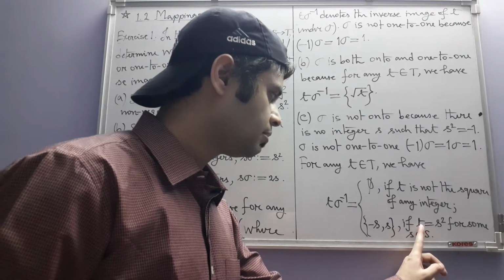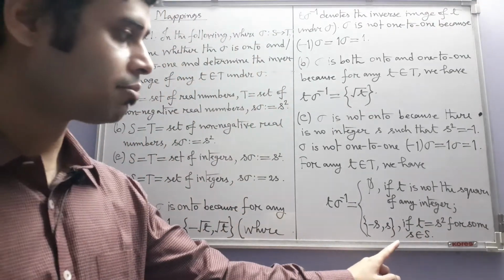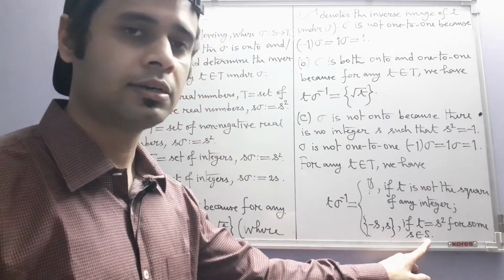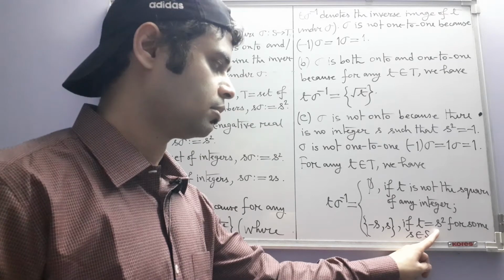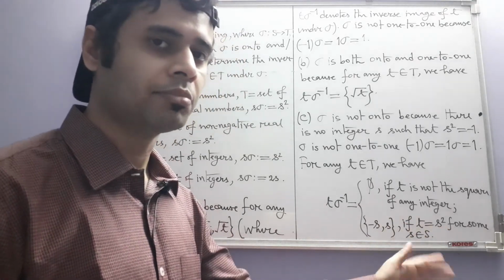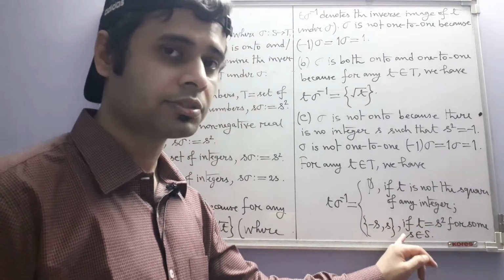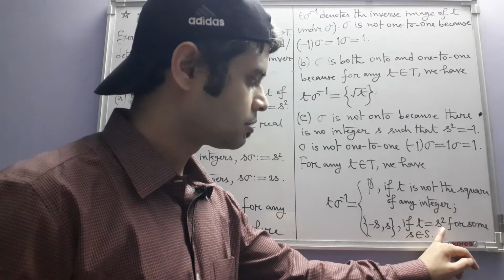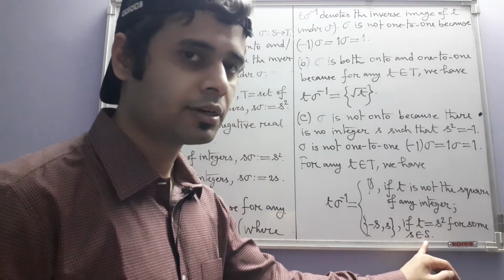So if t is equal to s square for some s belonging to S, keep in mind that now our S is the set of integers. So we are not just requiring t to be the square of some real number. No, it has to be the square of some integer, because t itself is an integer. So, our domain S is the set of integers.